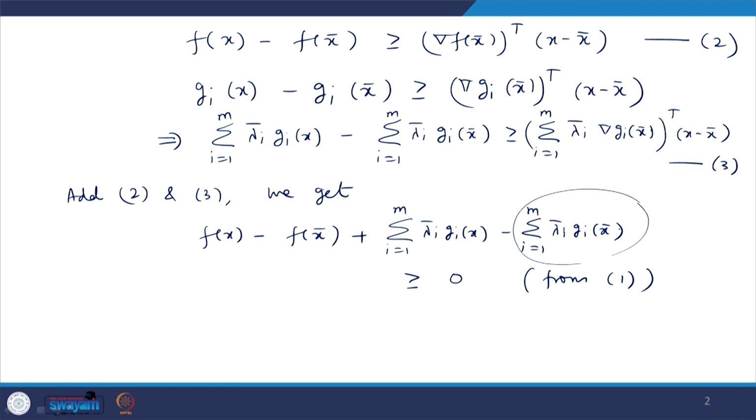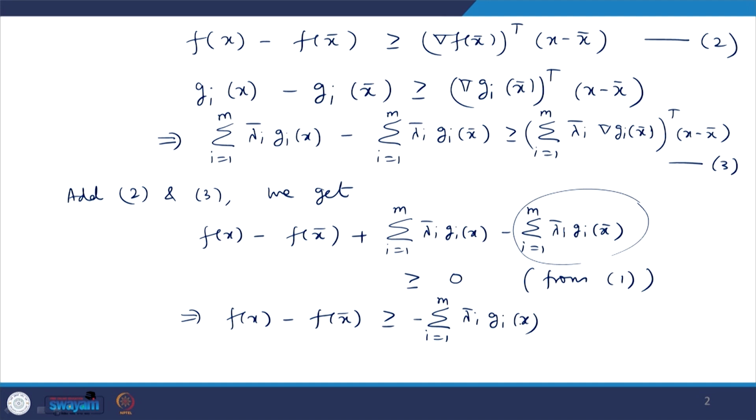So we are left with this, which finally gives f(x) minus f(x bar) is greater than or equal to summation i from 1 to m, with negative sign, lambda_i bar g_i(x).